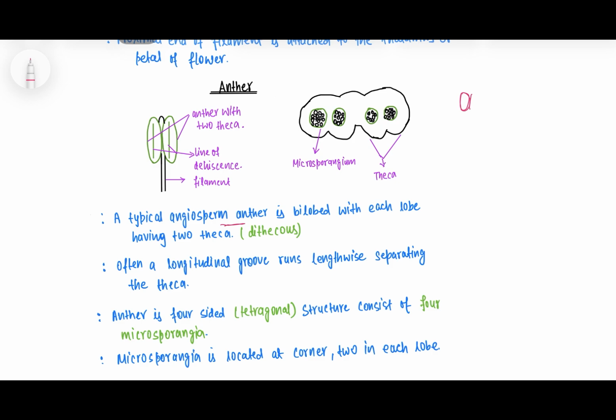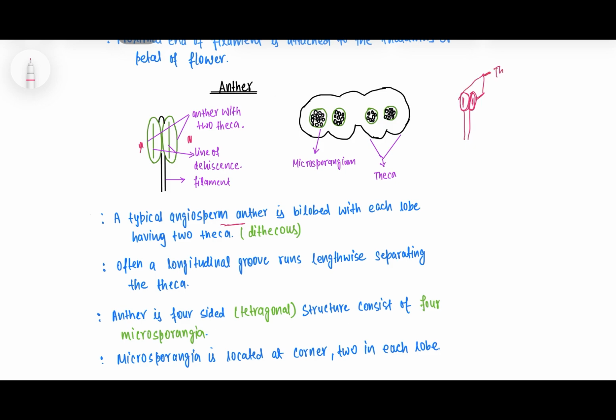I told you bilobed means two lobes, and each lobe has two theca. Here you can see the theca. This is one theca, this is another. This is anther. This is theca.